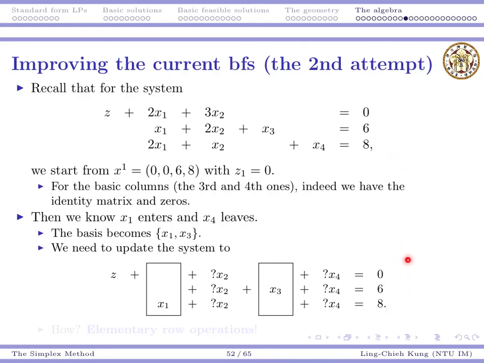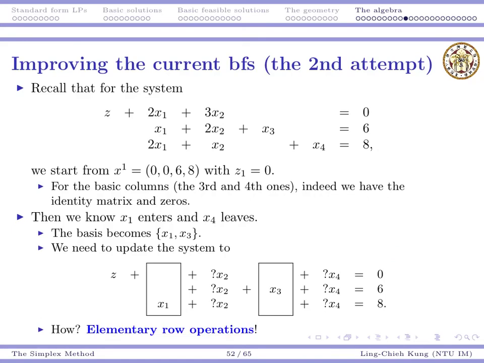Now exactly this is just like Gaussian elimination, right? I give you a linear system and I ask you to make some columns to contain 1 and all others 0. That's what we call the Gaussian elimination process.